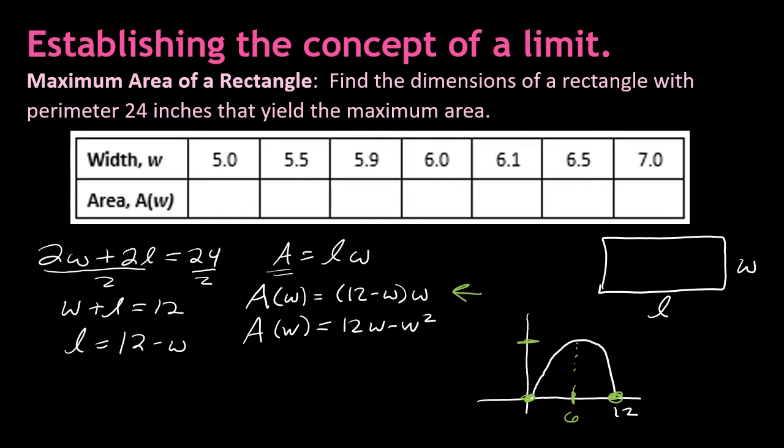Then I want you to go to your table, hit pause, and take a minute to fill in the values on this table. Or you can just copy them as I write them. All right, so this one's going to be 35, and I pulled these values straight from the table. This one is 35.25.